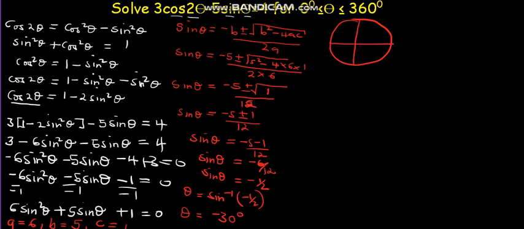So we say that in this quadrant, all sine, cos, and tan, they are positive. In this quadrant, only sine is positive, cos and tan, they are negative. In this quadrant, tan is positive and sine and cos, they are what? Negative.